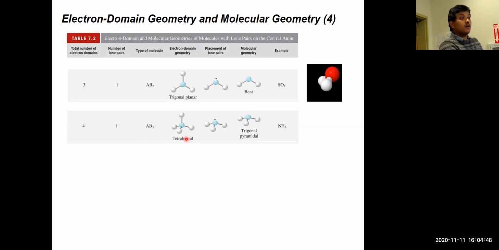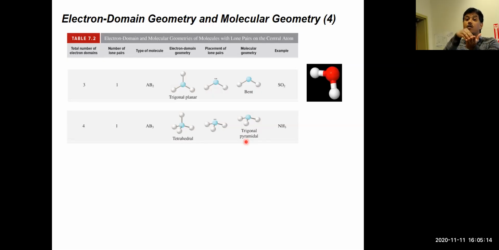So now let's place the lone pair by replacing one of the bonds from the electron domain geometry. Let's replace the top bond with an electron pair. Because of the placement of electrons, it is easy to predict the molecular geometry, which is trigonal pyramidal. Now it is trigonal pyramidal, not trigonal planar, even though it has just 3 atoms around it.